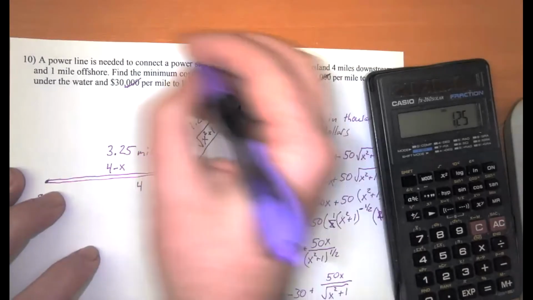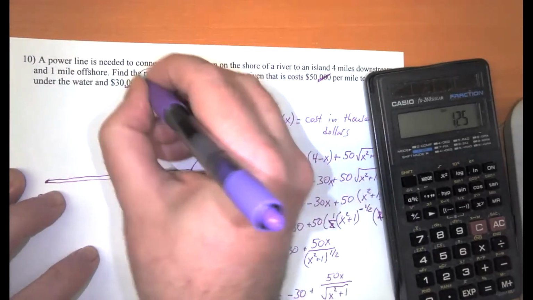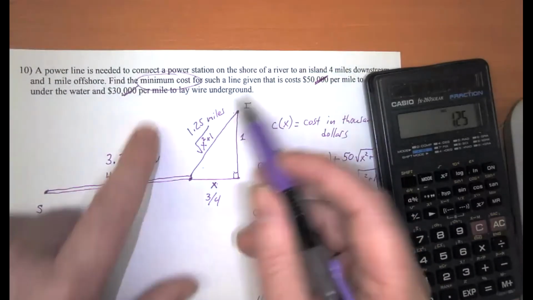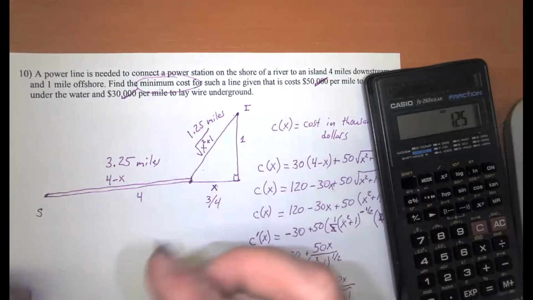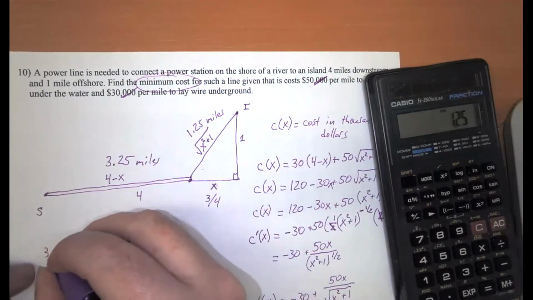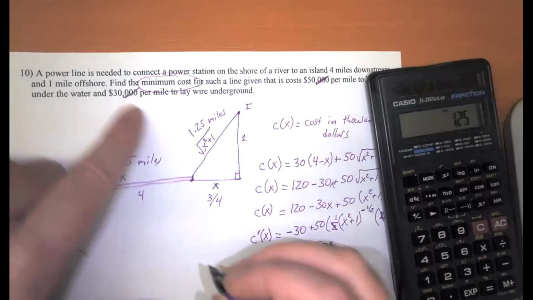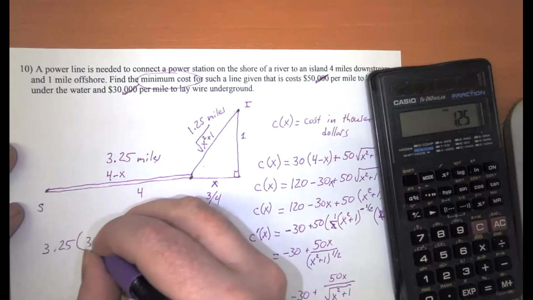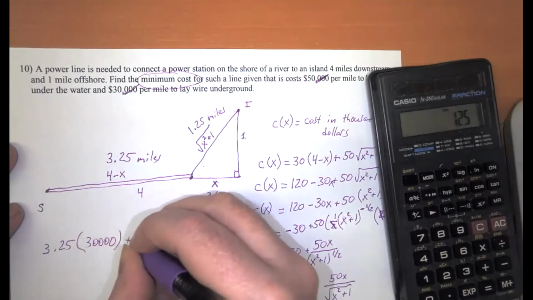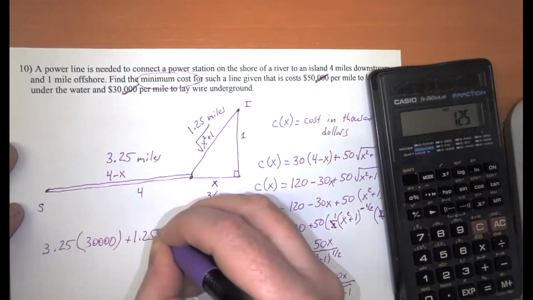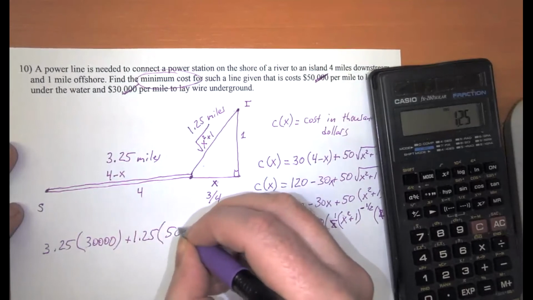So the problem they ask us is to find the minimum cost. So we've got to do this calculation here. So this is 3.25 miles times 30,000 per mile for underground plus 1.25 times 50,000.